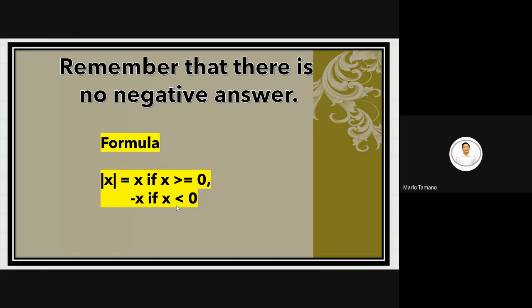But still, our answer is positive. So that's why the absolute value of -5 is 5. The absolute value of -6 is 6. The absolute value of -7 is 7. There is no negative answer or distance. Naintindihan po?